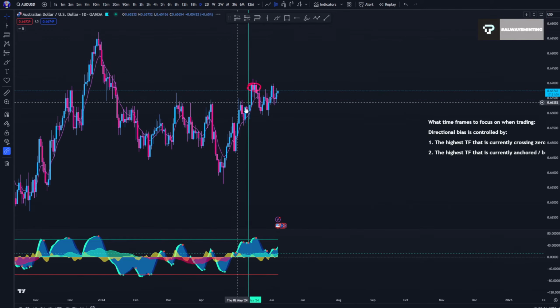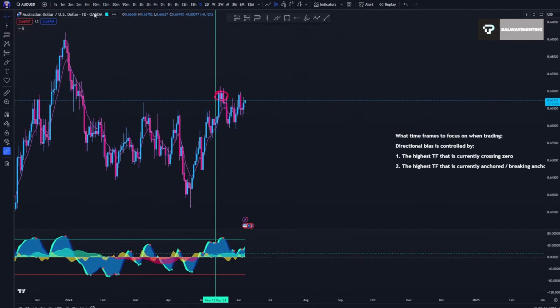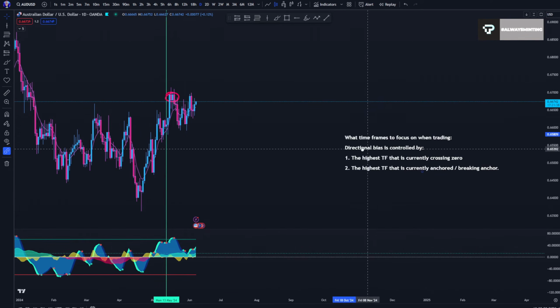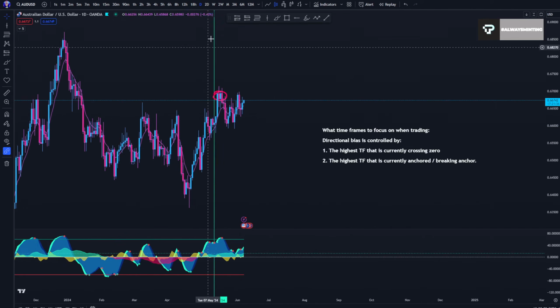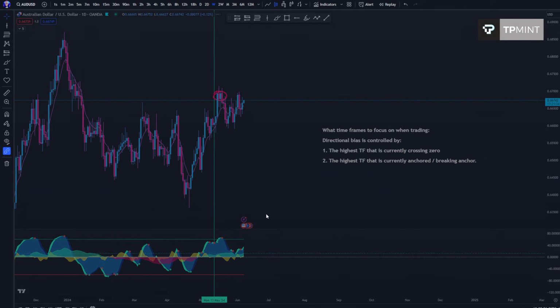So currently we are in a position, the equivalent trade on Euro USD, where we are expecting the daily wave again to go to plus 60 because we are following the W, which is controlling the directional bias at the moment, because it's the highest time frame of the time frames that we use that has crossed up on zero.